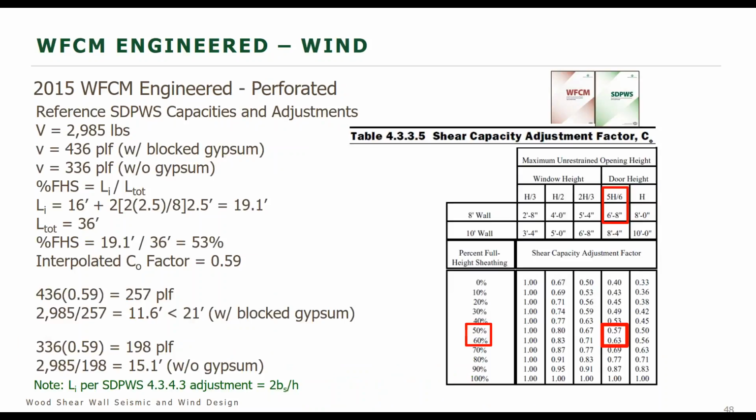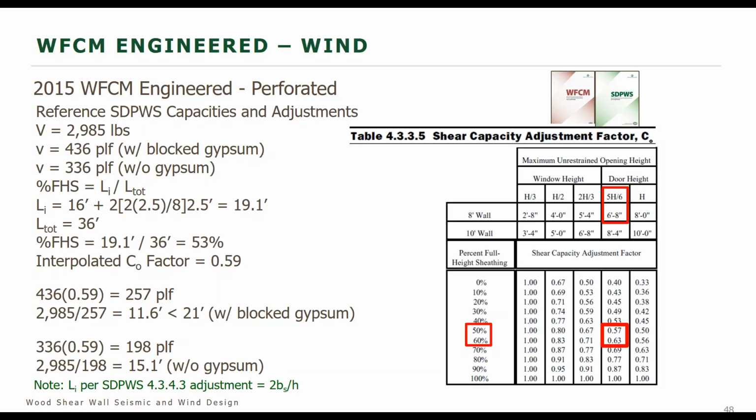All right, so if we want to get into the engineered approach, but we want to do a perforated shear wall design, we need to make sure again that we have enough full height segments along the length of the wall. So L sub tot is the total length of the wall between the hold downs.